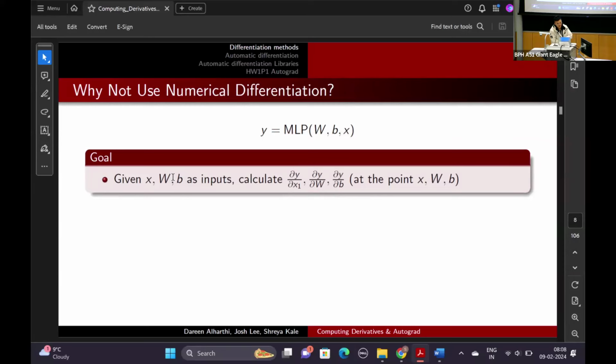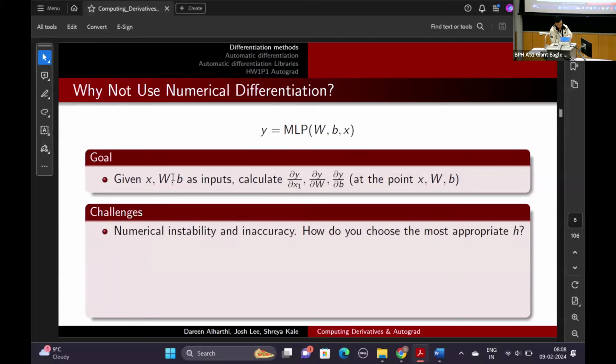Any thoughts? It's going to be error prone. Exactly. So there's what's actually called numerical instability and inaccuracy. You don't know on what order of magnitude your input and your parameters are going to be, right?